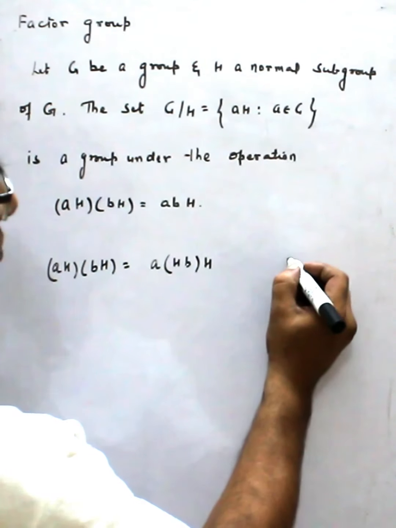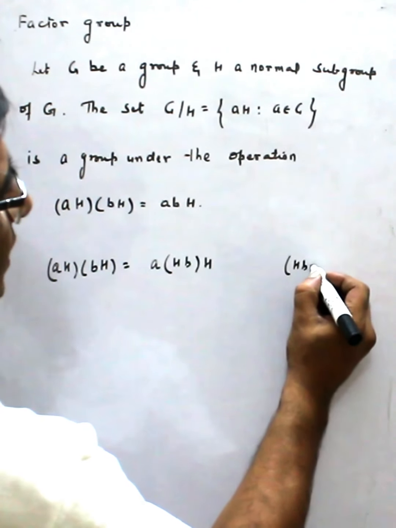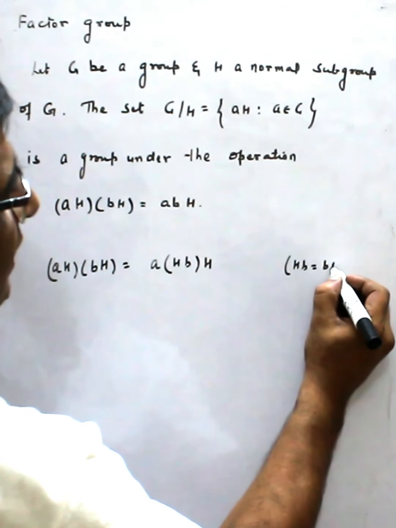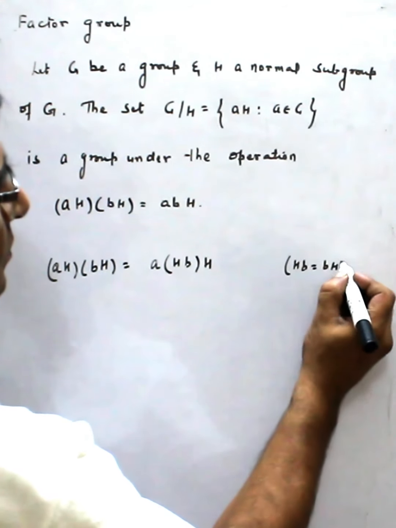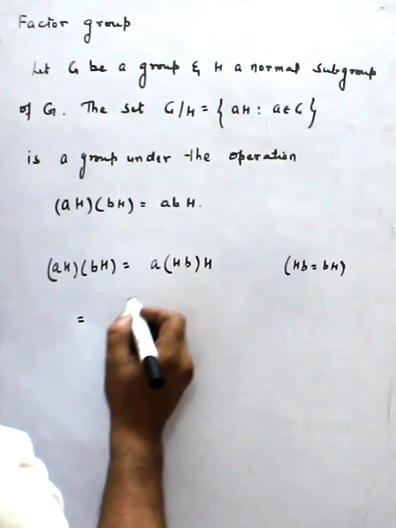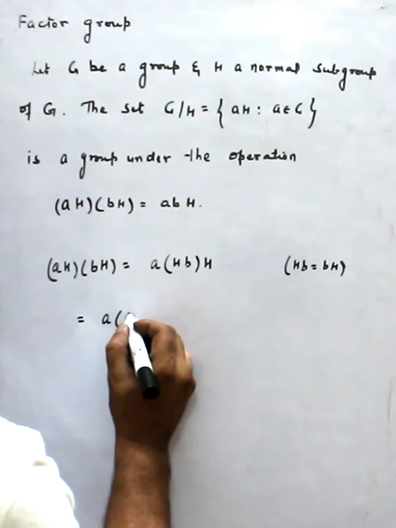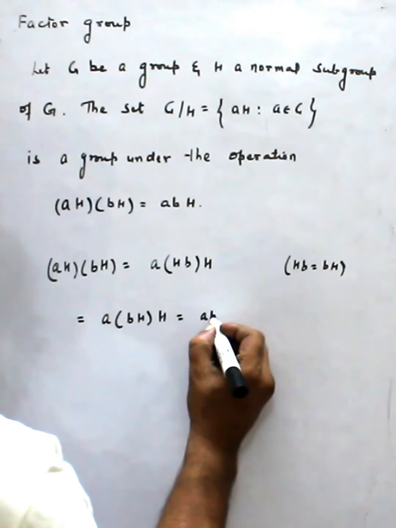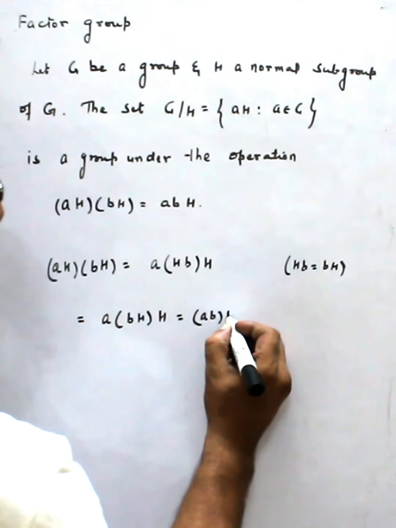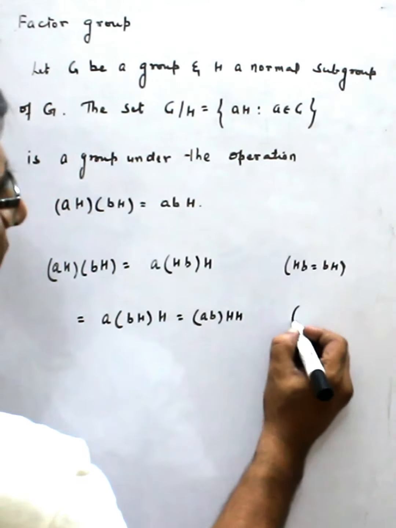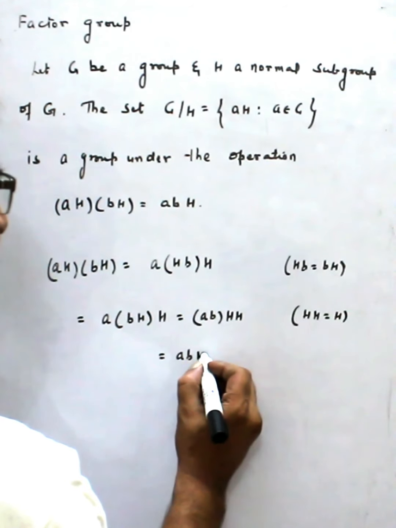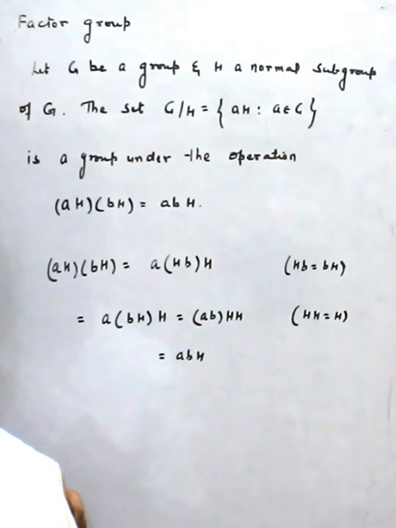Because H is normal, Hb is equal to bH. That means this we can say ab HH, and HH again is equal to H. This means abH.